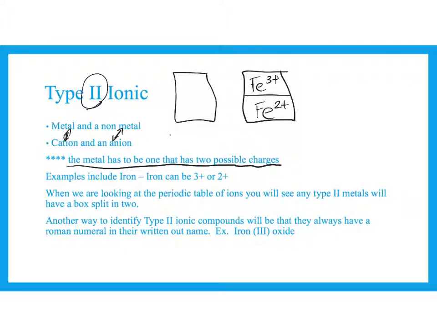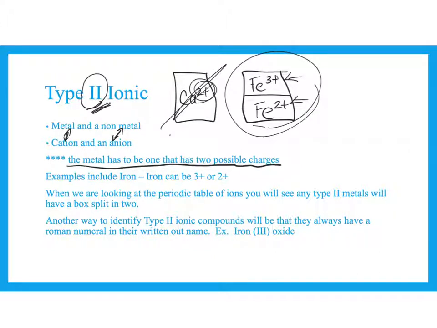Unlike calcium, which only has one possible charge. It can only be 2 positive, whereas iron could be 3 positive or 2 positive. So calcium cannot make type 2 ionic bonds, only things that have 2 possible charges, or are split in 2.